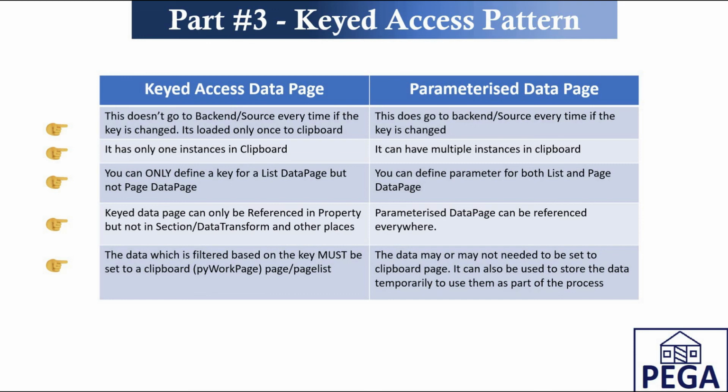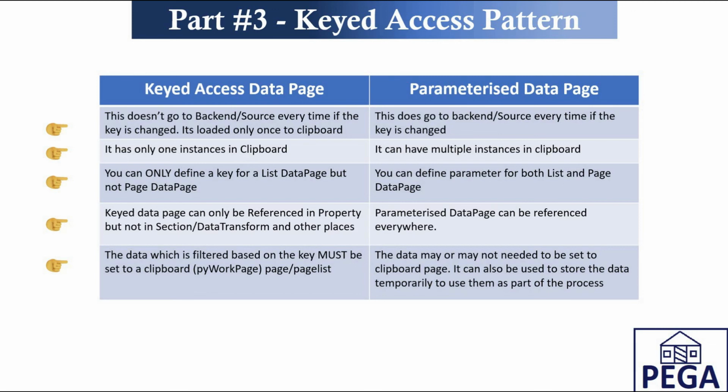But if you refer to the same database in a section or data transform, it is going to act as just a list database. For parameterized database, however, the structure changed and it can be referenced everywhere, be it section, property, or data transform, as it takes a parameter and goes to the backend and gets the detail.